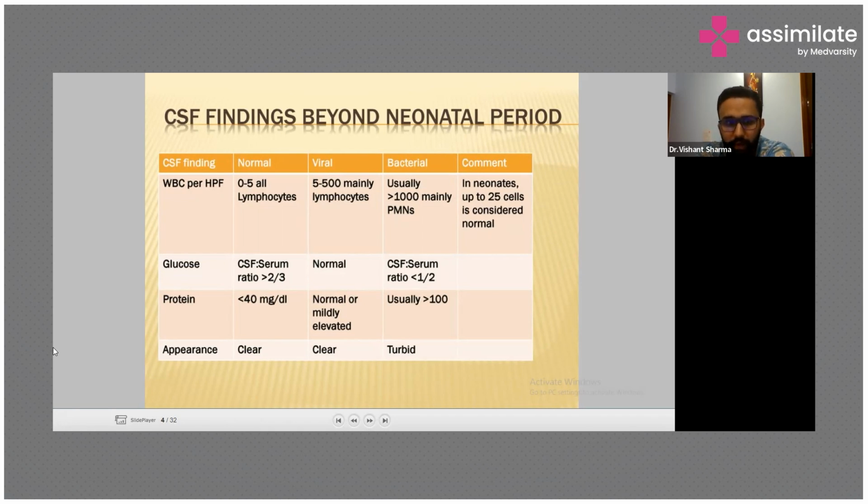Just keep in mind, the appearance of bacterial CSF is always turbid, and it is clear in normal and in viral. So, how do you differentiate it? Usually, the PMNs are more in bacterial, slightly 5 to 500 in viral, and you should remember the glucose and the protein levels for the same.